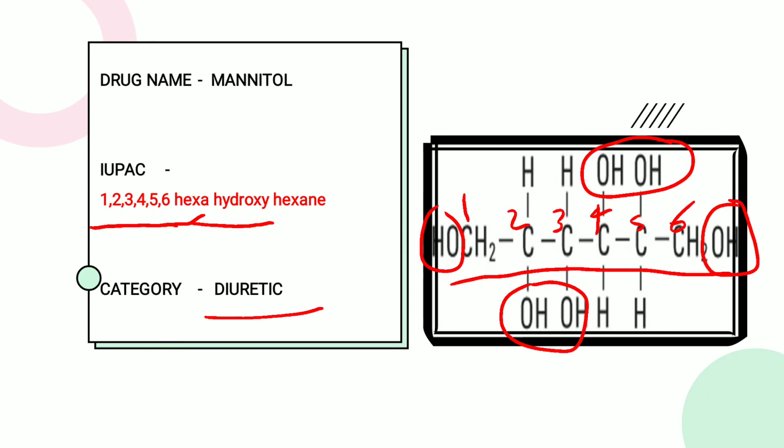The parent nucleus is the alkane, hexane, again containing 6 carbons. So the chemical name is 1,2,3,4,5,6-hexahydroxyhexane. It is a derivative of glucose. It is again a diuretic class.